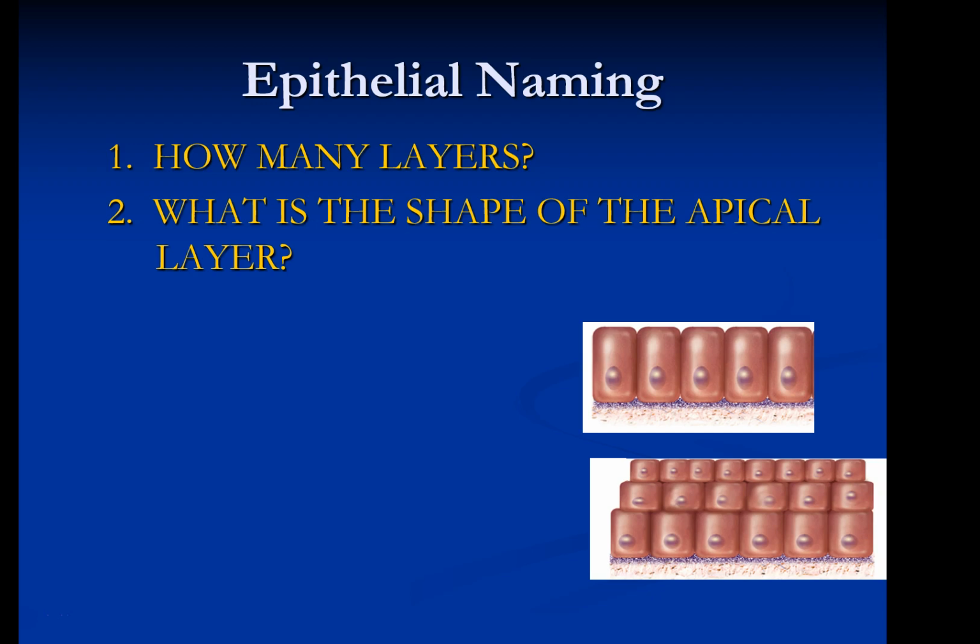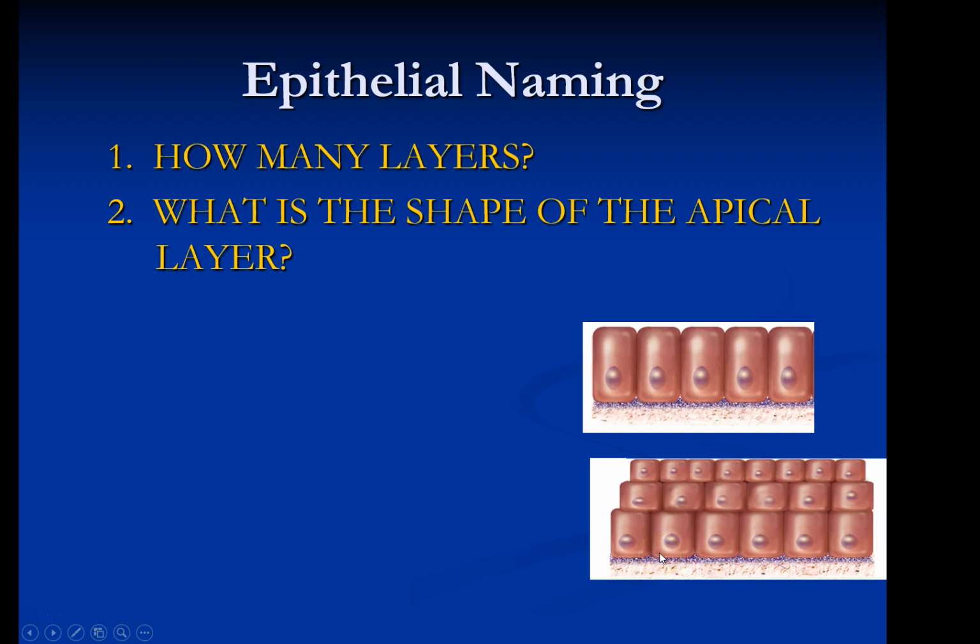So when we look at this tissue right here, if I was going to name it, what would be the first part of its name? Simple. Then we could try to figure out, is that square, dice-shaped, simple cuboidal, or is that simple columnar? Well, we get the picture. We're looking at the shape now. Down here, what would this be? Stratified. And then we look at the apical layer. Let's say this is columnar. Let's say that's cuboidal. What type is this?